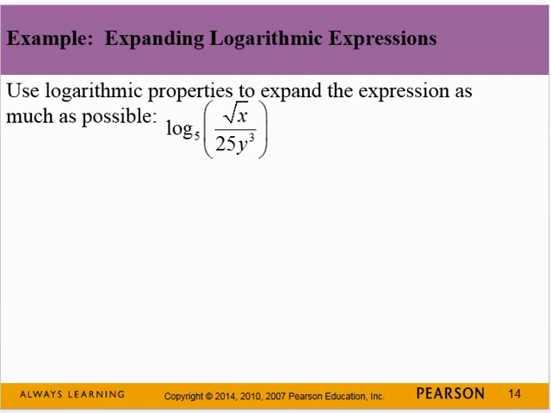Let's do another example. So you take this for it's x to the 1/2. Alright, so now we're going to go from here and we can do, we have a quotient, so we are going to separate it by subtraction.